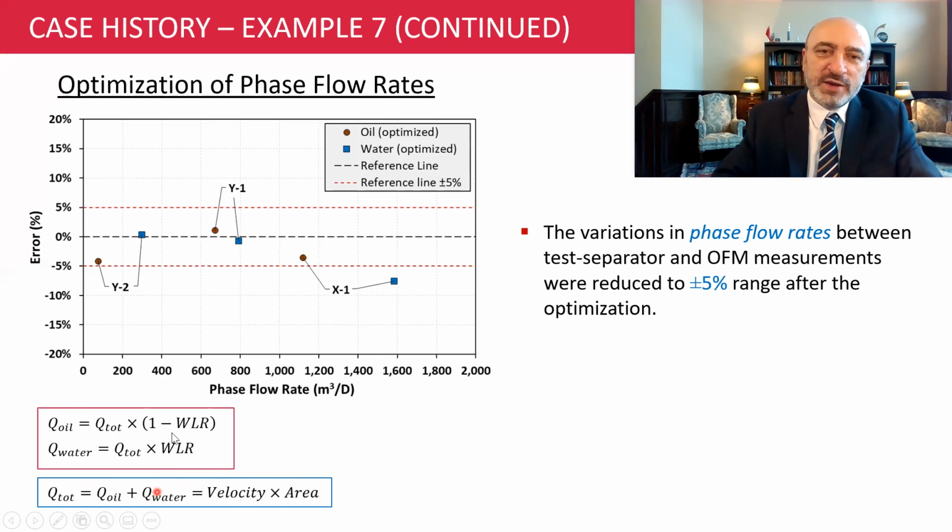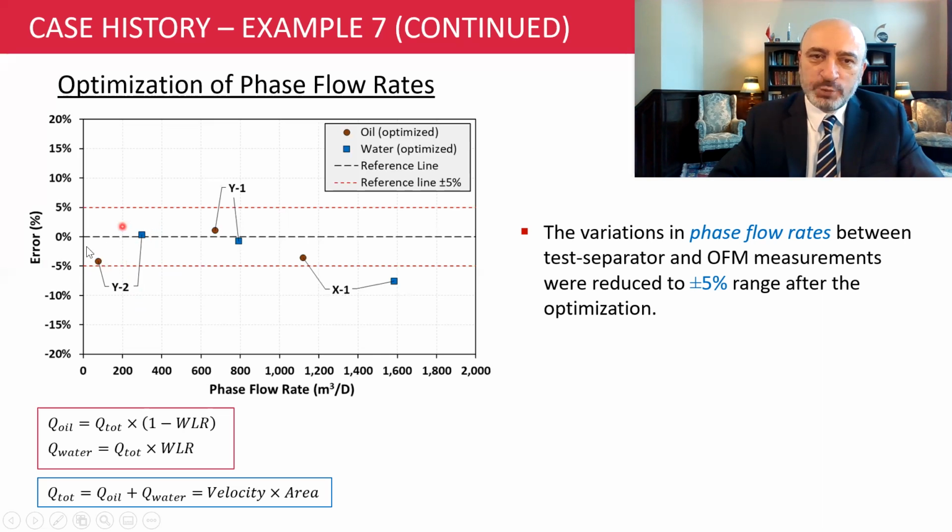So let's go back to each well. For well Y2, the error percentage for the water phase flow rate is within 1%. So that's an excellent measurement. For the error in oil phase, we have about -4%.